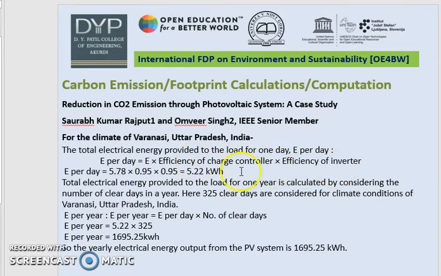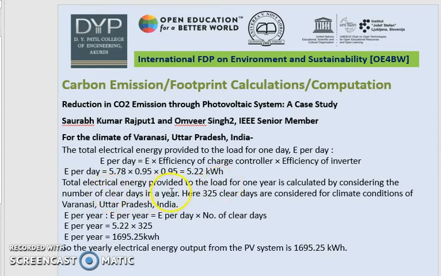The efficiency of charge controller and inverter has been taken as 0.95. So E per day will be 5.78 multiplied by 0.95, which gives 5.22 kilowatt hour.